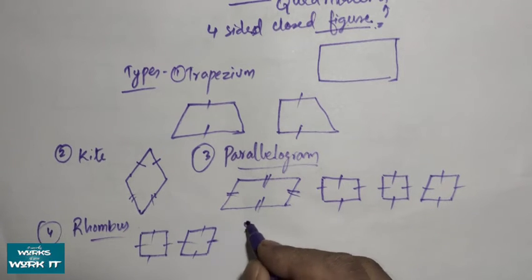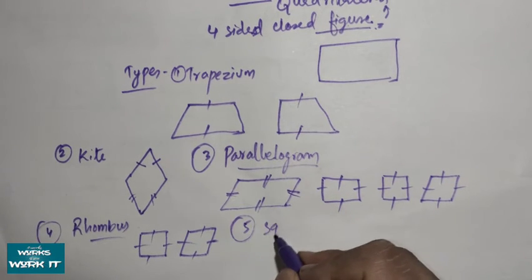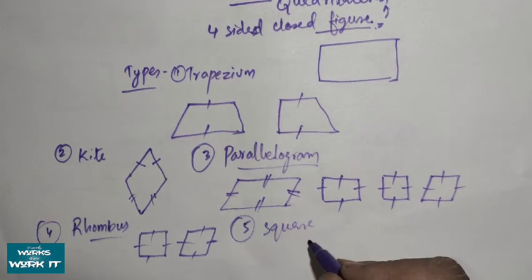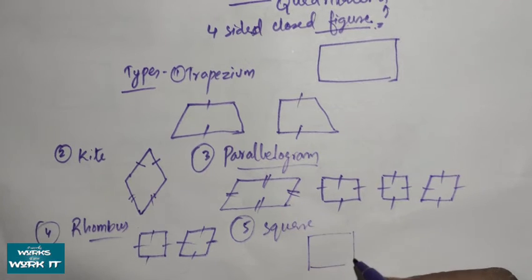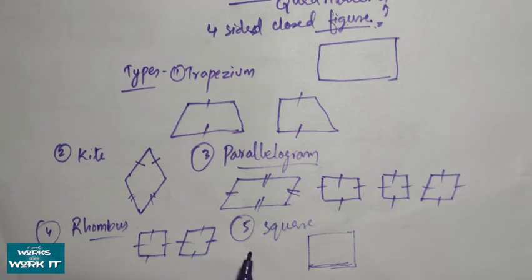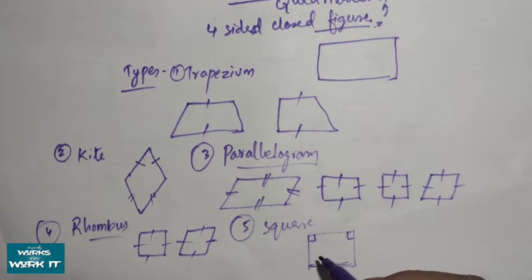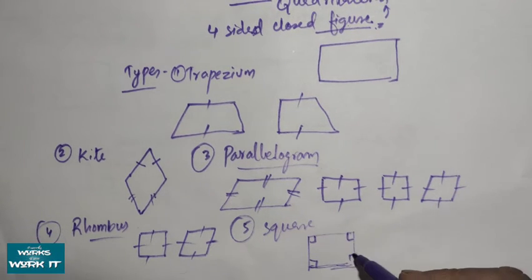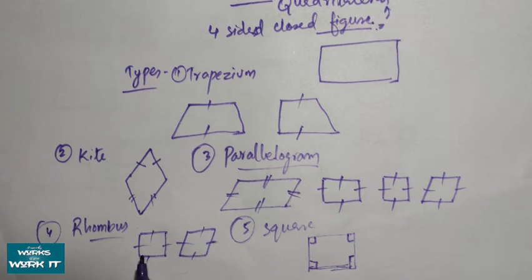If I take the other type of quadrilateral, that is the square. In a square, all the sides are equal, and one dissimilarity between the rhombus and the square is its corner angle. How much will the corner angle be? It will be 90 degrees. But in a rhombus, it is not.